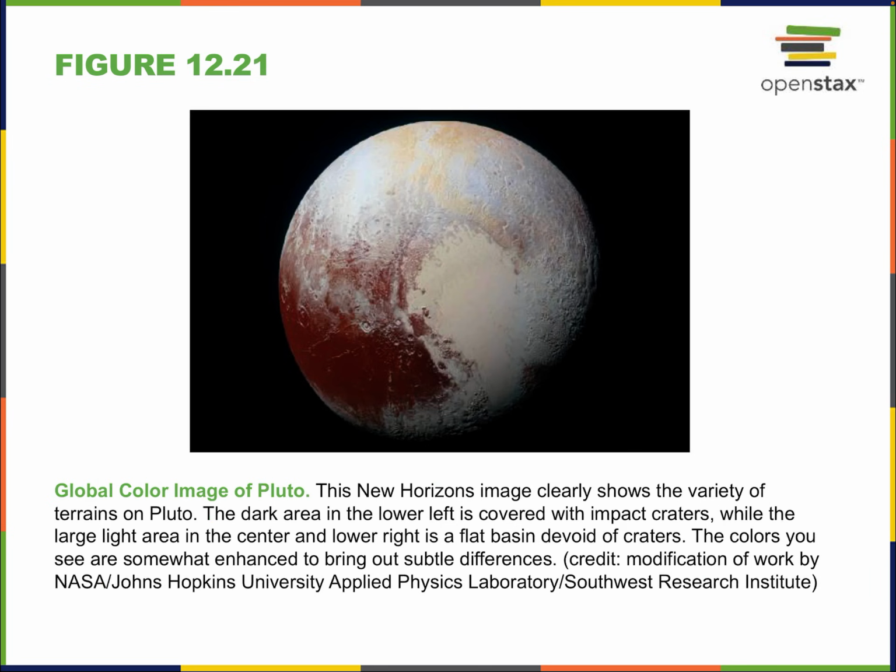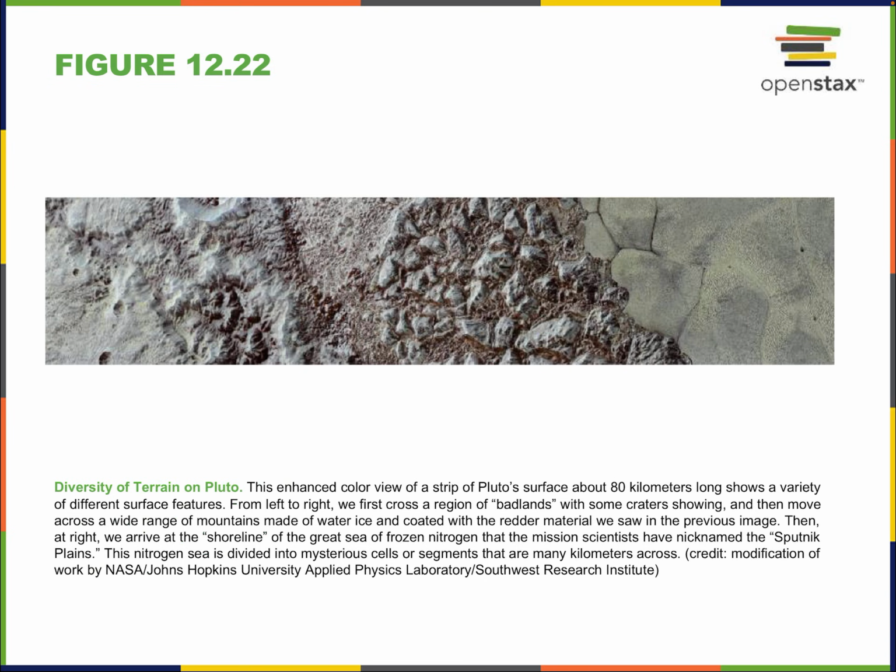All right, here's a kind of false color image of Pluto to highlight the differences in the surface features, the differences in their chemical compositions showing up as different colors, right? Here's some features showing lots of cracks and almost like boulder shapes that perhaps have been broken up and risen to the surface, and then create a shore on a huge sea of frozen nitrogen.